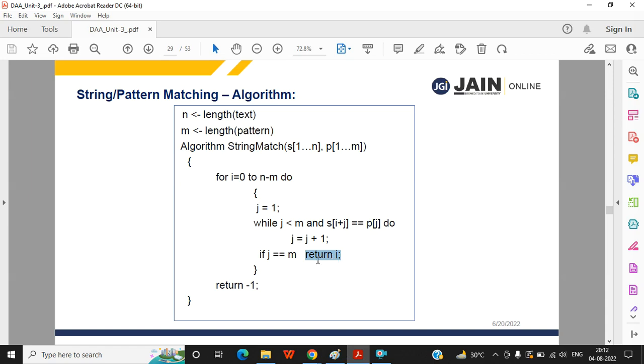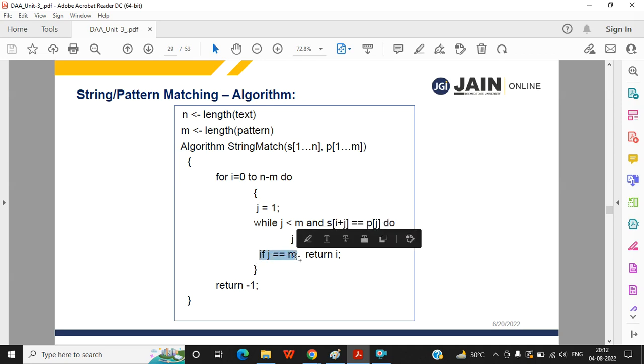Tell me, is it okay? Yeah, it is fine. Now if no match has been found, then for some character this condition will not be true. This condition will be false. Since the condition becomes false for some characters, j will not be incremented up to m.